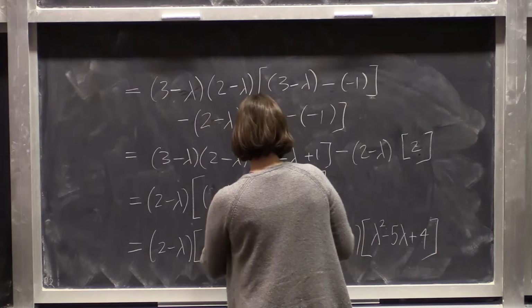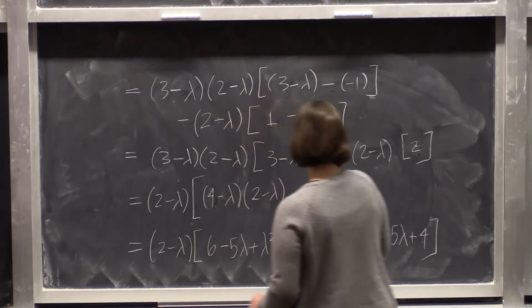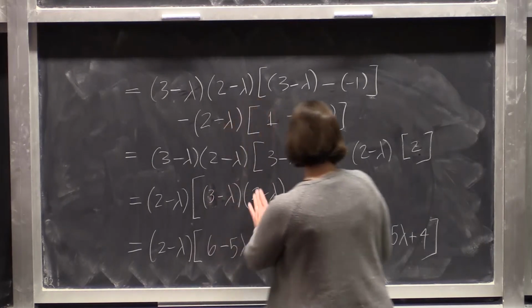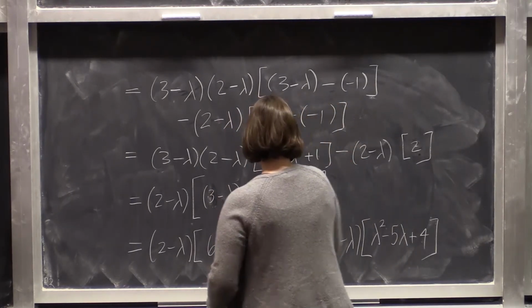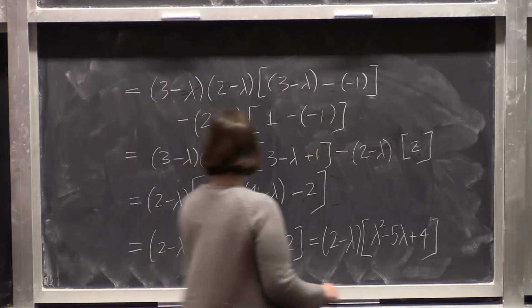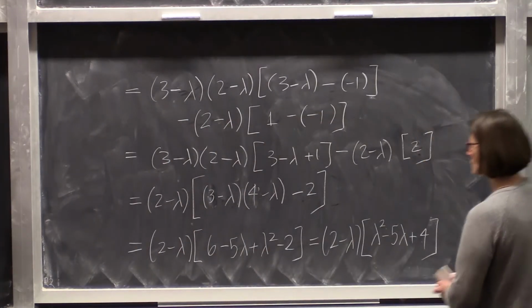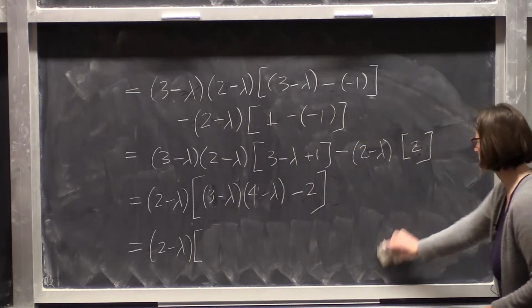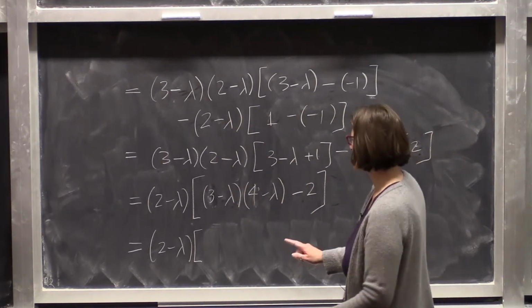Oh dear. What? No, that's certainly 3 minus lambda. This is 4 minus lambda. Oh, that doesn't make me happy. Okay, but it's good that someone in the room can add small numbers. Okay, let's do this out again.